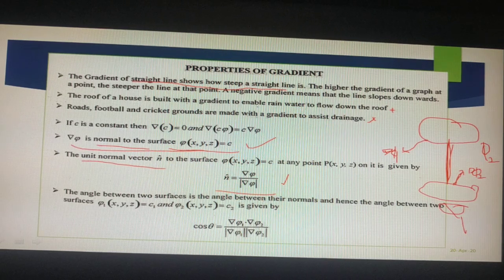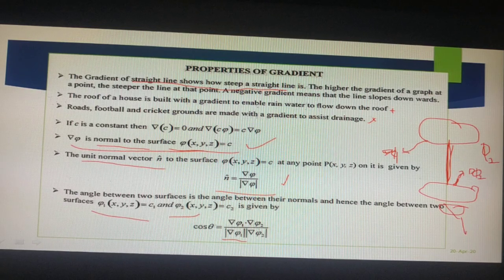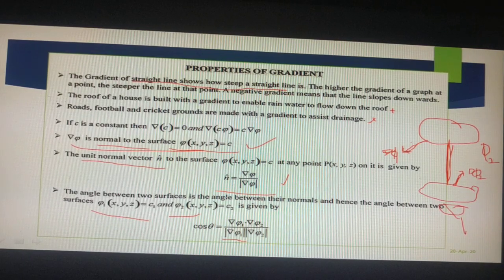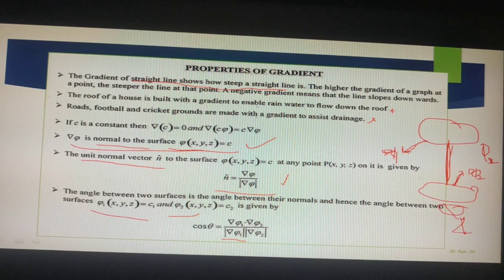So we have two surfaces: del phi 1 by mod del phi 1 is the unit normal vector in this direction for the first surface, phi 1. For the second surface, phi 2, we have del phi 2 in this direction.